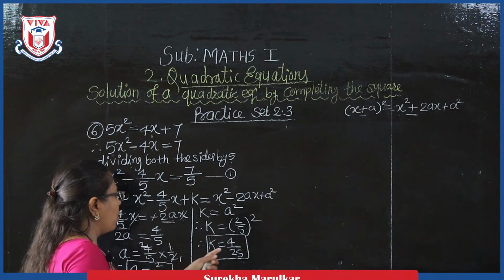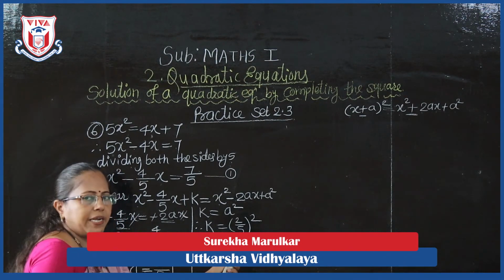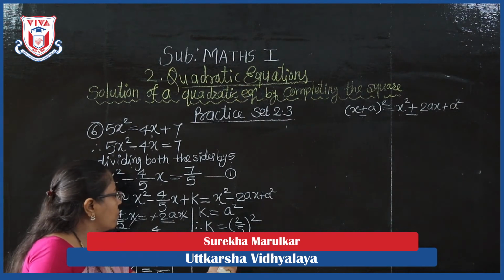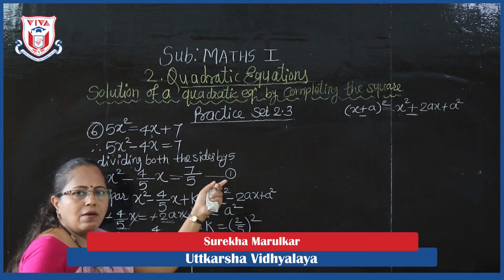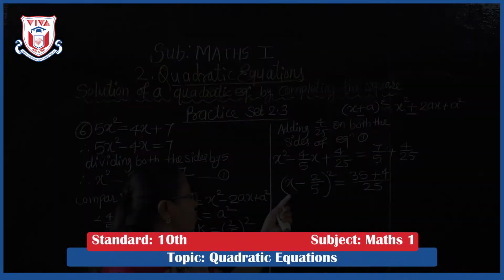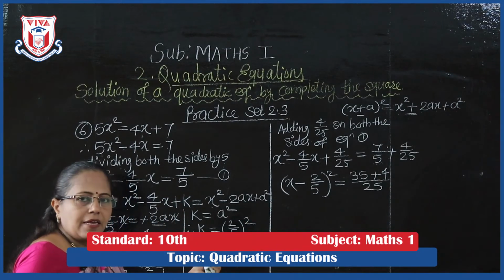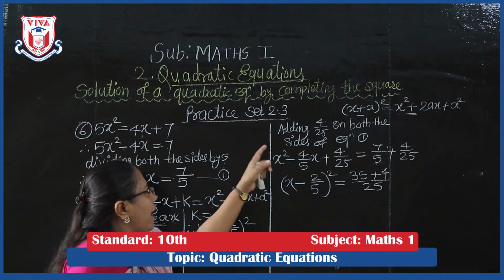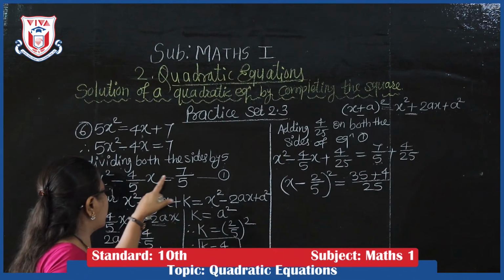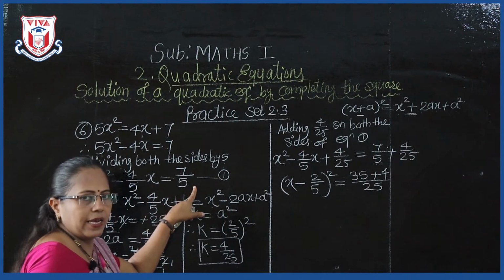So we got the value of k equal to 4 upon 25. And this value we have to add on both the sides of equation 1. Now adding 4 upon 25 on both the sides of equation 1.